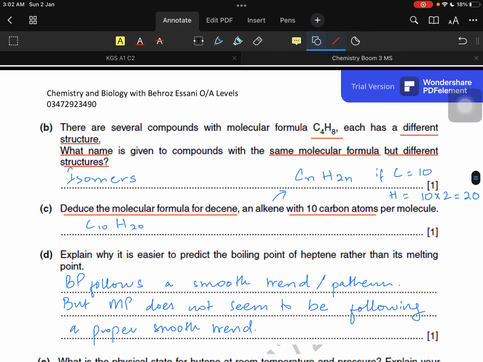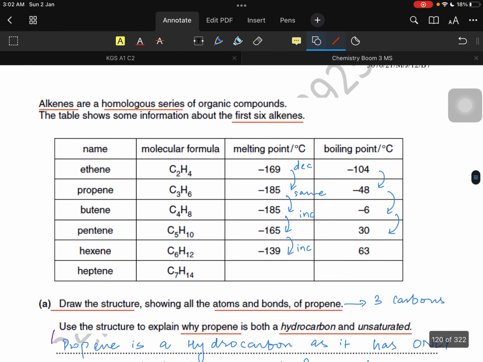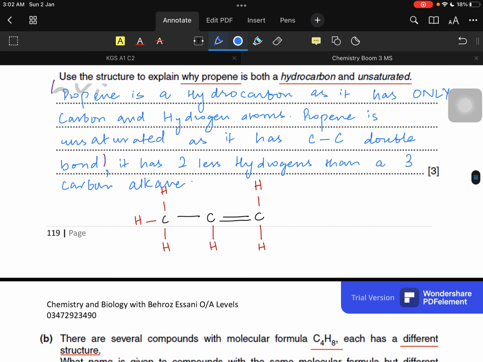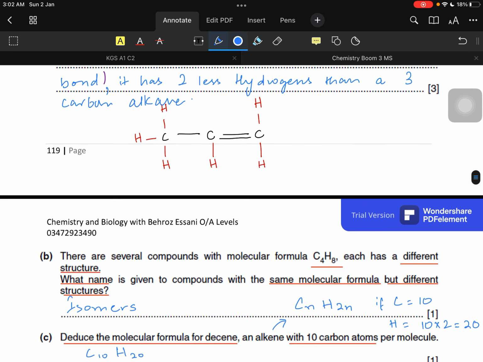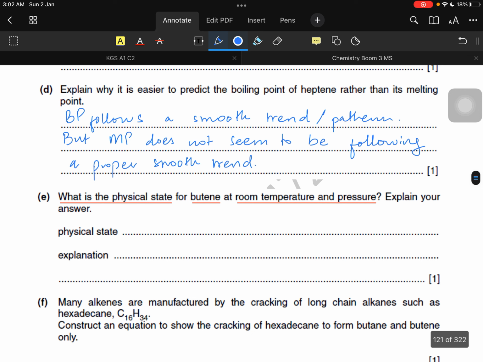So I'll have to go to the data of butene. I can see butene is right over here. Butene has a melting point which is less than room temperature, 20 degrees centigrade, and it has a boiling point even lesser, again less than 20 degrees Celsius or even 25 degrees Celsius. So melting and boiling point are both less than room temperature.